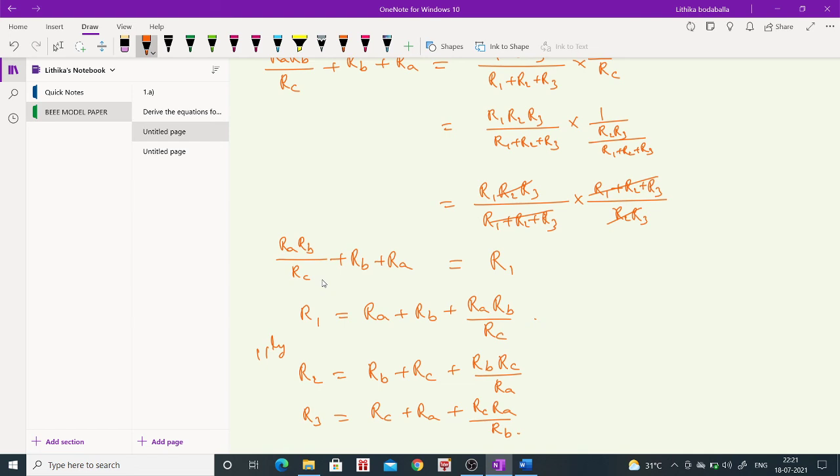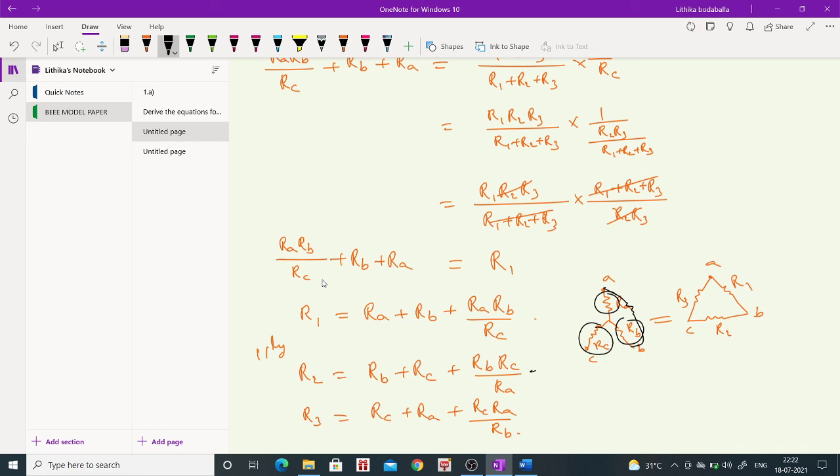So if you observe these equations, when you convert from star to delta, this is RA, this is RB, this is RC, node A, node B and node C. When you convert these to delta, this is R1, R2 and R3, this is A, this is B and this is C. See, R1 is between RA and RB, so that's why you got RA plus, meaning this plus this, plus RA multiplied by RB divided by this RC.